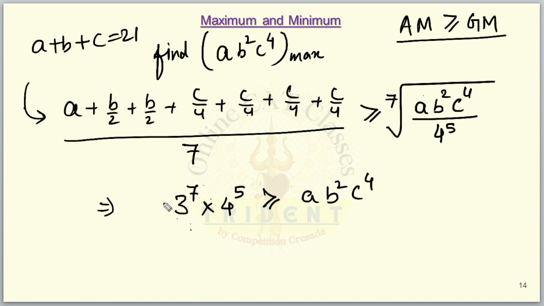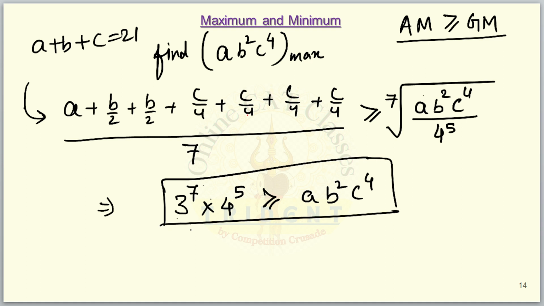Now obviously this thing is not very much similar to what we have found in the previous case. Let's recall what we calculated in the last method. The one which we recall is 3 into 6 square into 12 raised to the power 4.